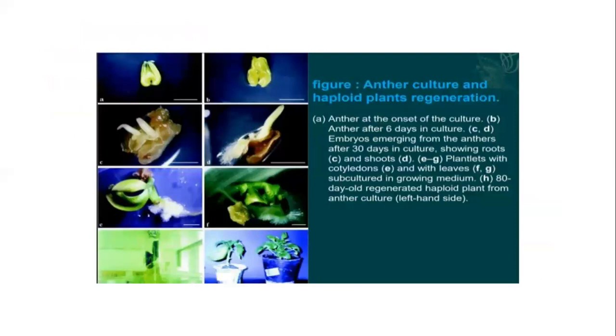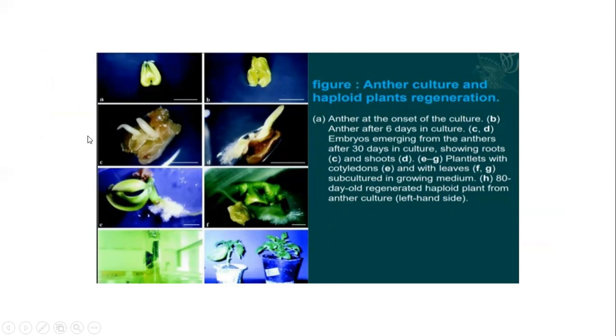So let's see this figure. This is the anther culture to generate haploid plants, and A is the anther at the onset of culture here, and B is the anther after 6 days of culture.